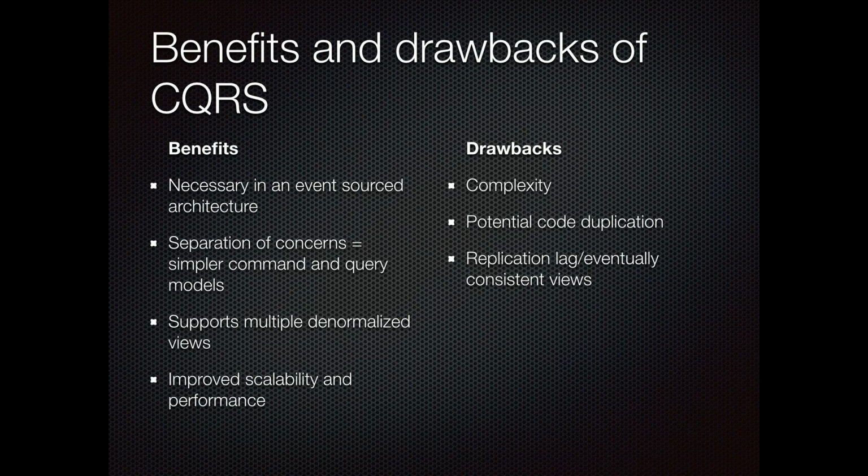Also, this architecture supports multiple denormalized views. So rather than having one data store that has to deal with many, many different types of queries, you have several different data stores. Each one is optimized for certain types of queries. MongoDB for retrieving JSON by primary key, Elasticsearch for doing text searches, Neo4j for doing graph searches, and so on.